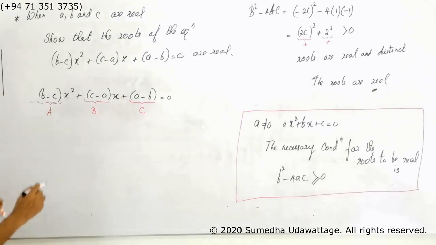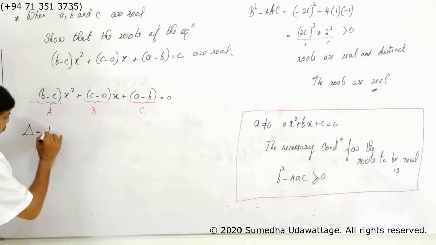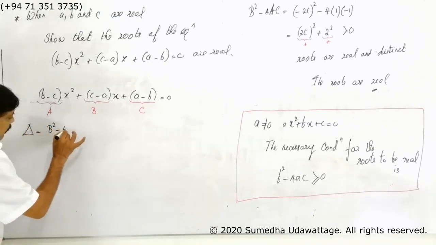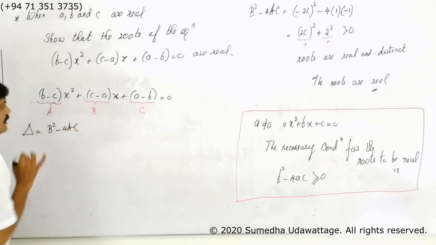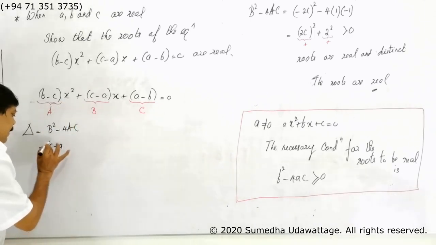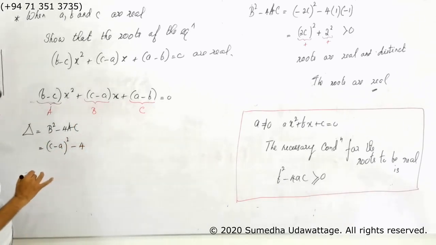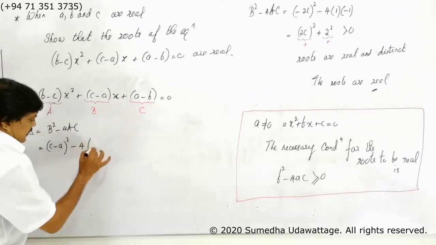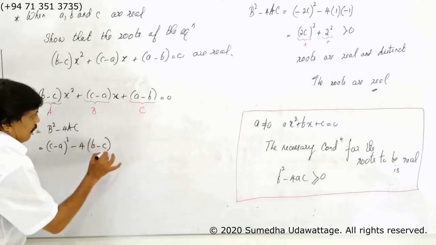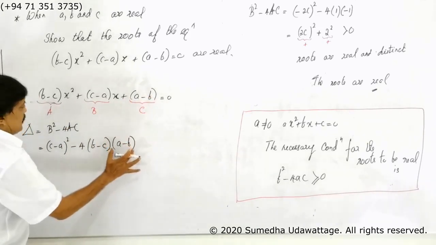Then we would take the discriminant delta is equal to b square minus 4ac. It is c minus a, the whole thing squared, minus 4 times a, which is this, c, which is this, a minus b.